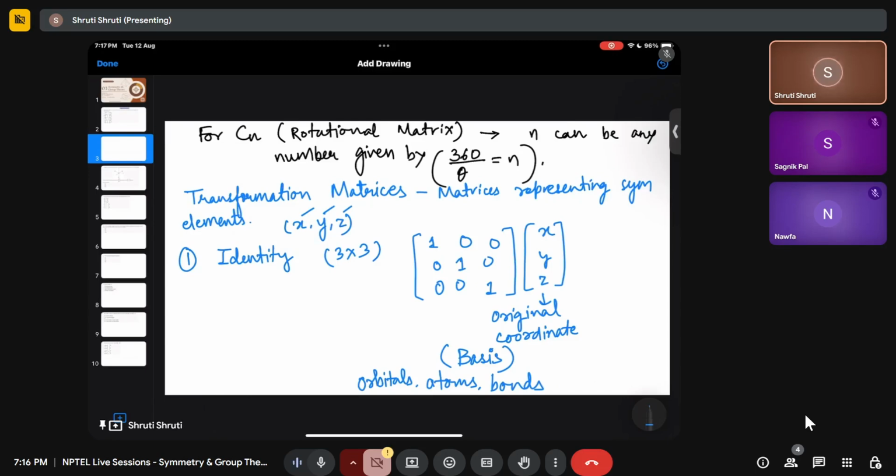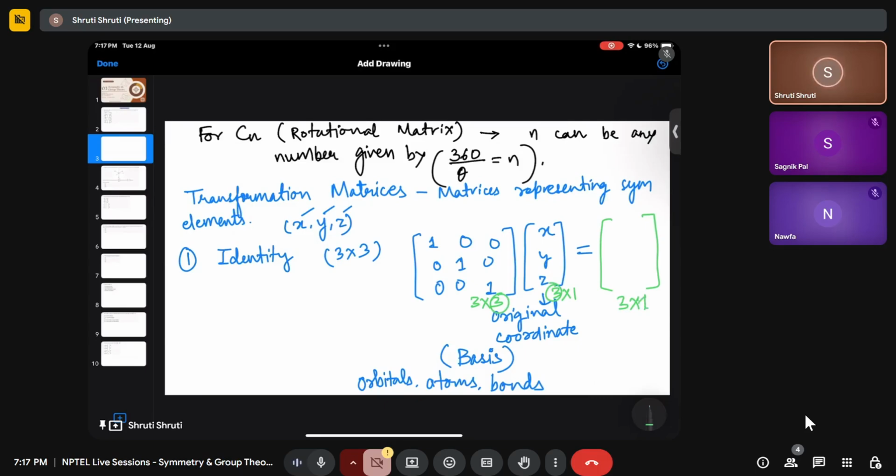Now when you multiply these two, what will be the dimension of the new matrix? This is 3 cross 3 and this is 3 cross 1, so the common dimension cancels and it will be 3 cross 1.